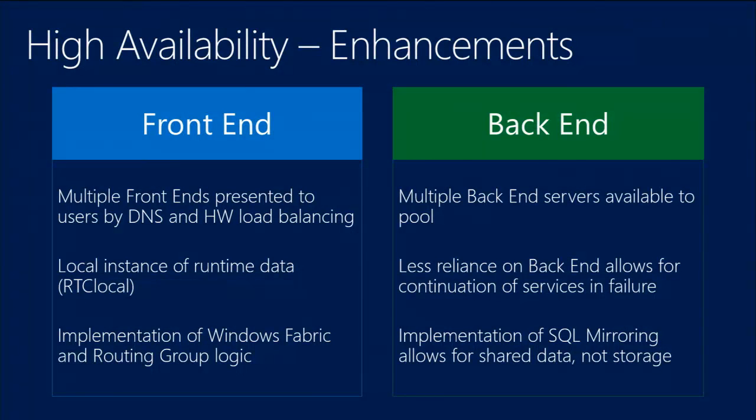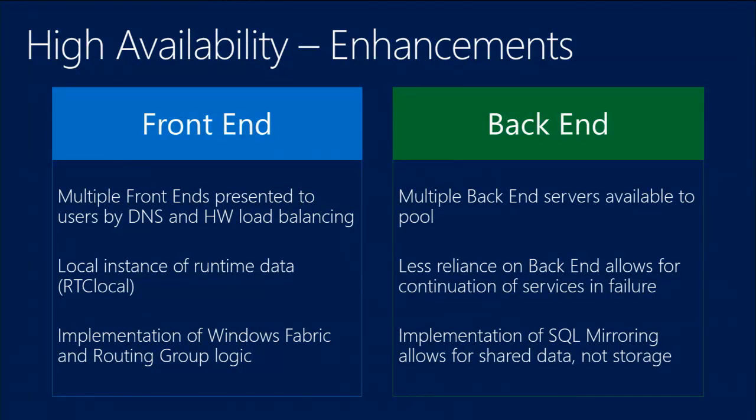And then obviously, since the front ends are now doing some local database data homing, that middle bullet comes into play. We have less of a reliance on the back end now, so we can actually have a continuation of services in the event of a failure. So we can tolerate, specifically, for about 30 minutes. We can probably tolerate more, but we have some safeguards in place in Lync.